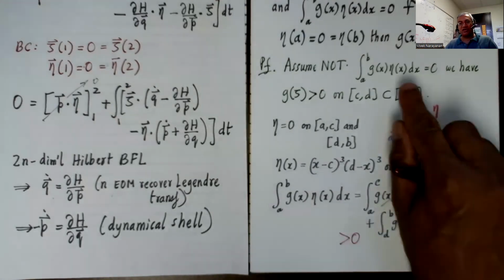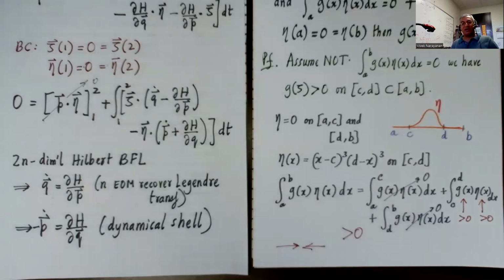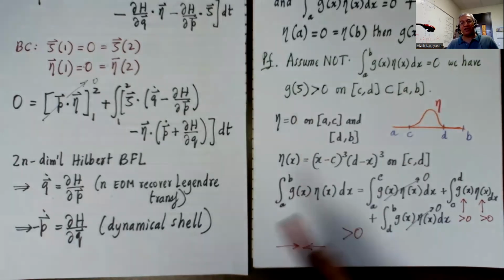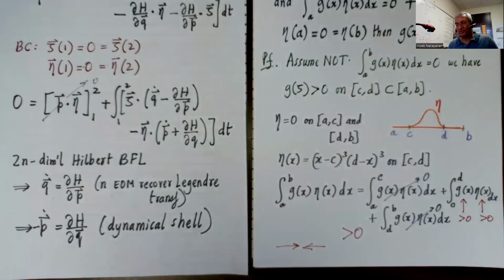But that contradicts our hypothesis. So we have arrived at a contradiction. Because of the contradiction, what we assumed cannot be true. Therefore, g of zeta must be equal to 0 on the interval CD. And since C and D are arbitrary, on the entire interval A and B. That concludes the proof of the famous bump function lemma.